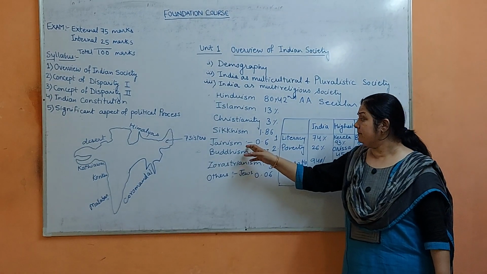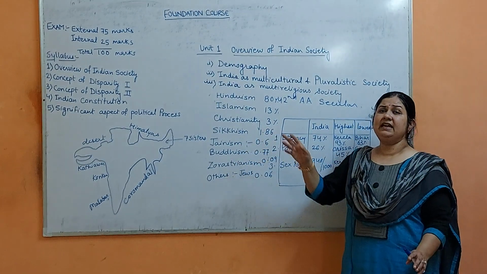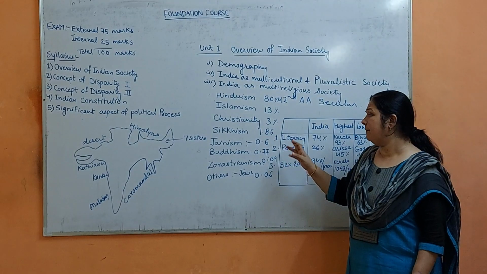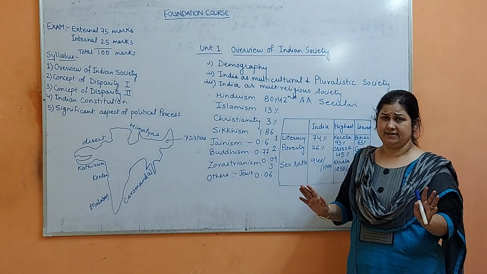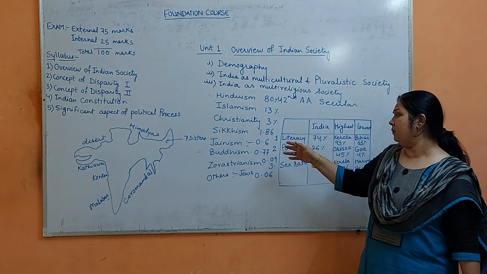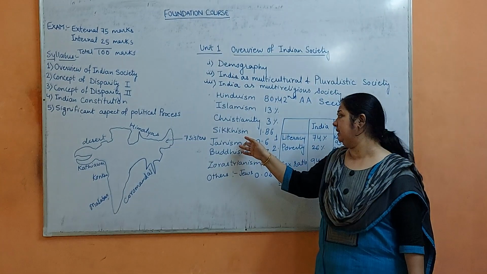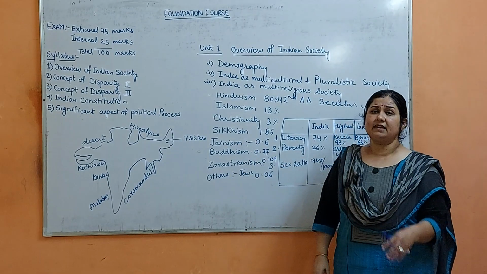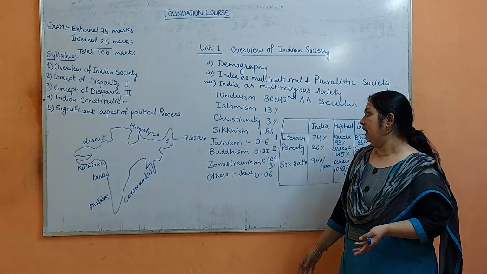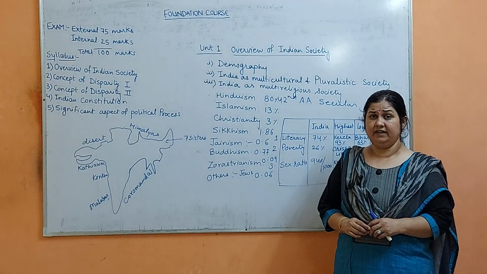Alright, then moving on to Jainism. Jainism actually believes in aparigraha, non-possessiveness. Its founder member was Vardhaman Mahavir, 24th Tirthankar. First Tirthankar was Rishabdev and last Tirthankar was Mahavir.